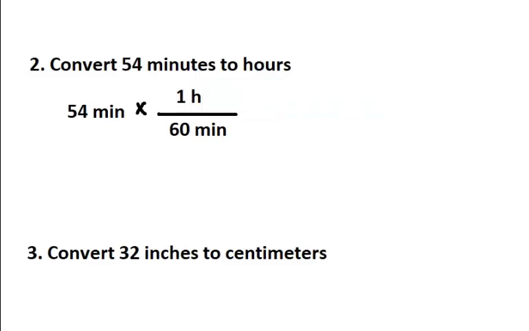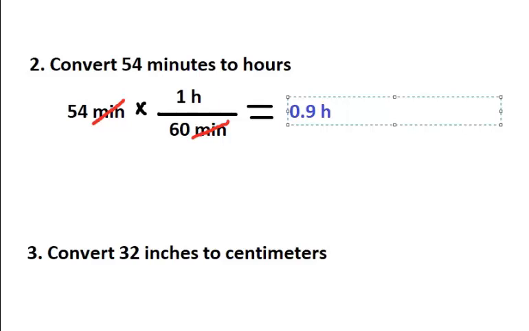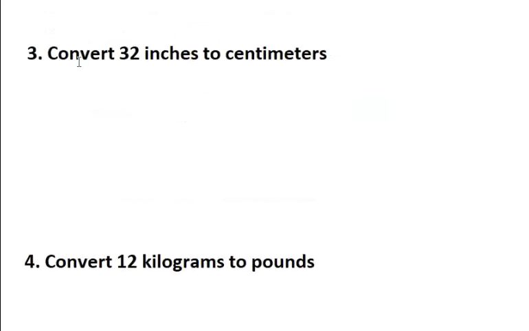So I'm gonna cancel the minutes because they are up and down, and that will give me the answer of the hours. So 54 minutes times 1 divided by 60 is gonna give me 0.9 hours, and that will be the answer.